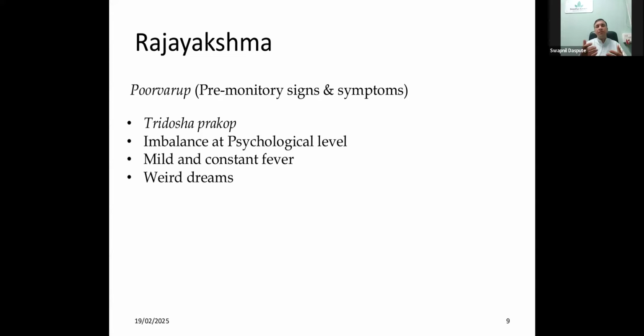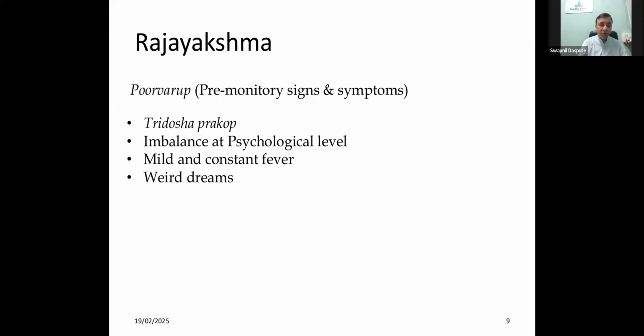So asking about dreams, do you have dreams, what type of dreams are there, do you recall them, will give you some hint about their mind, mental frame, and also the extent of involvement of the dhatus. In this case, weird dreams are majorly related to vata and pitta, more of movement, destruction, and I should say larger than life.